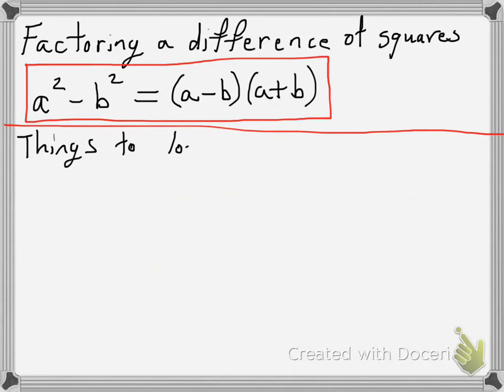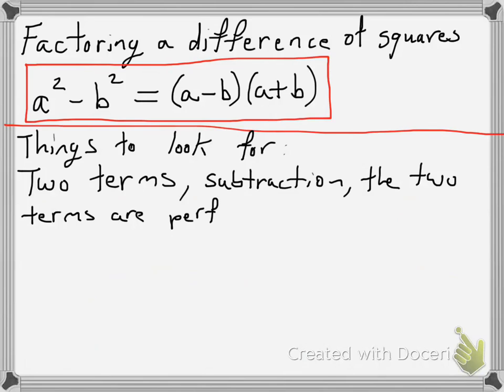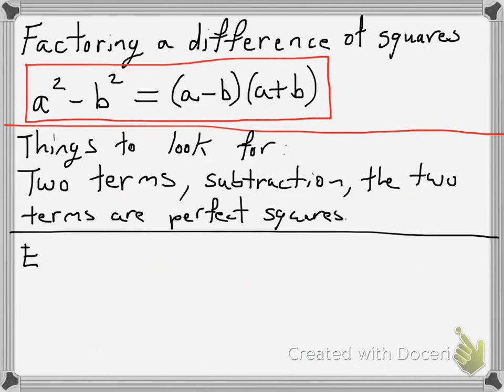So I'm going to go ahead and write in some things to look for. 2 terms. And we're looking for subtraction because of the difference. And the 2 terms should be perfect squares. If I have those 3 things met, then it is a difference of squares.